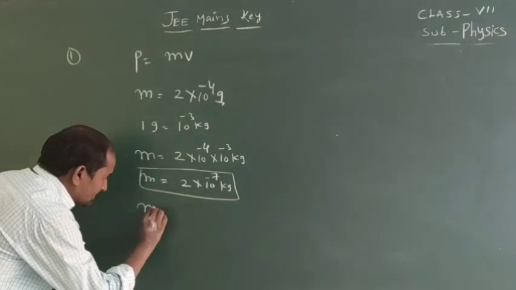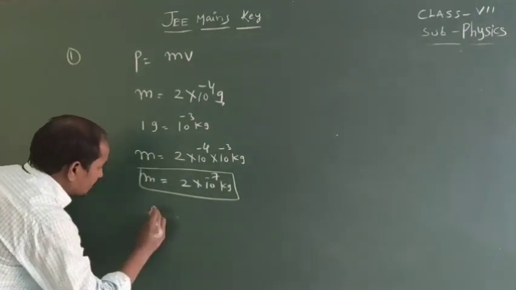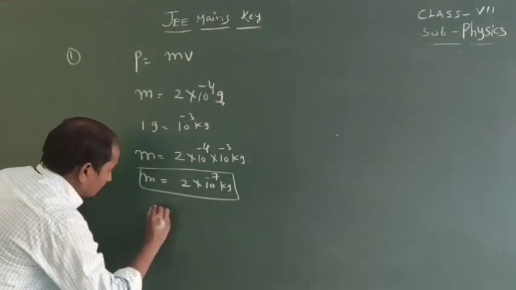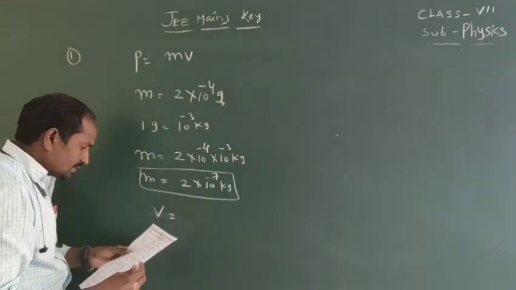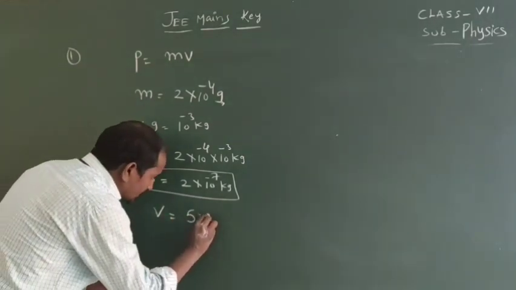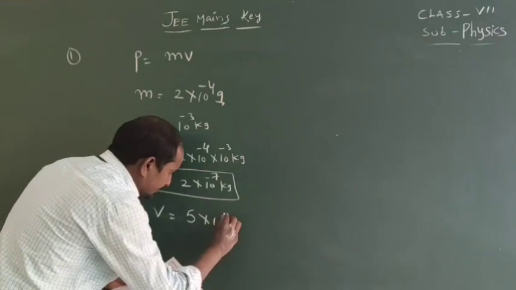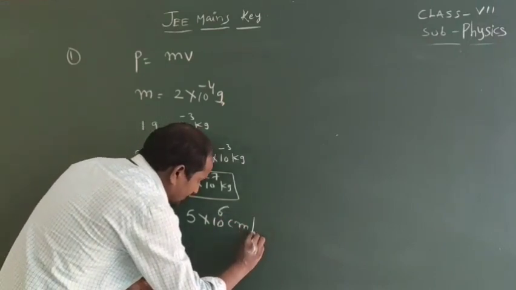Here velocity is given. Velocity v equals 5 × 10^6 centimeter per second.